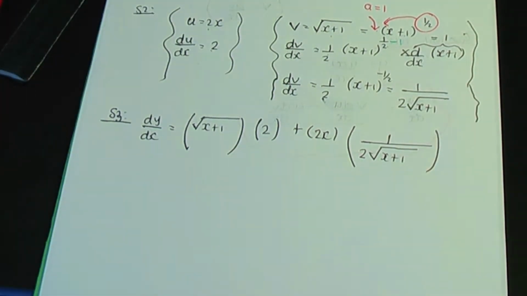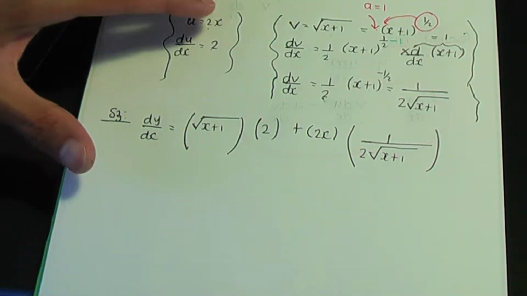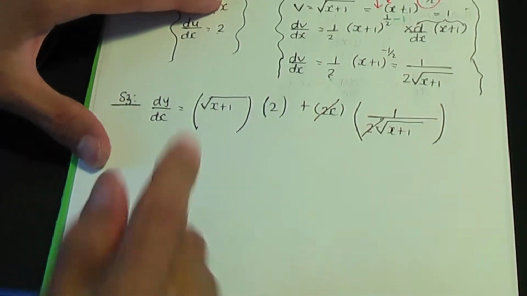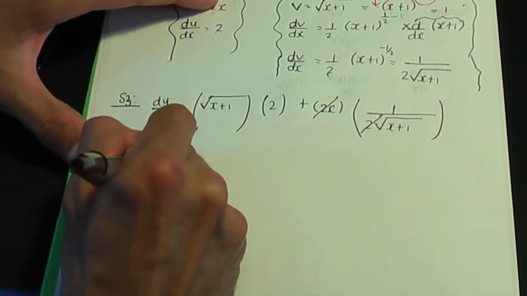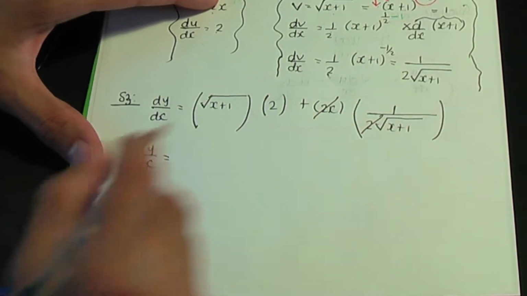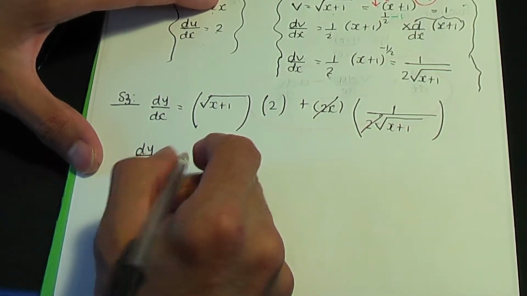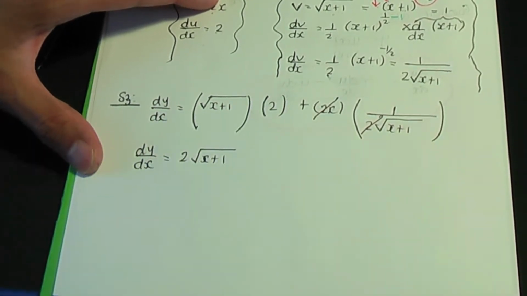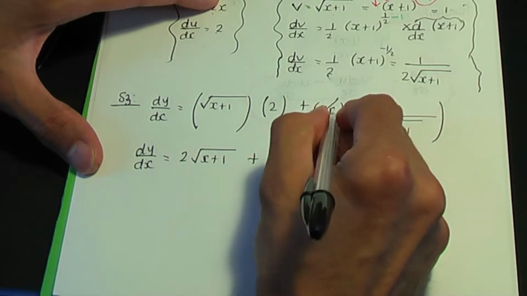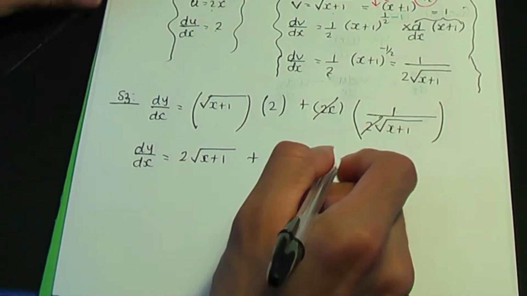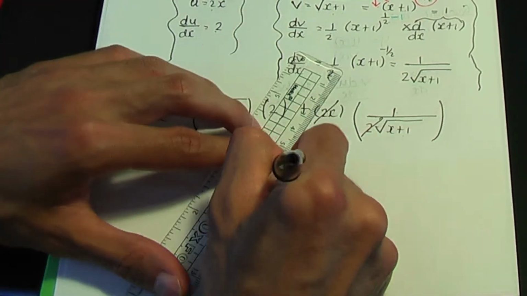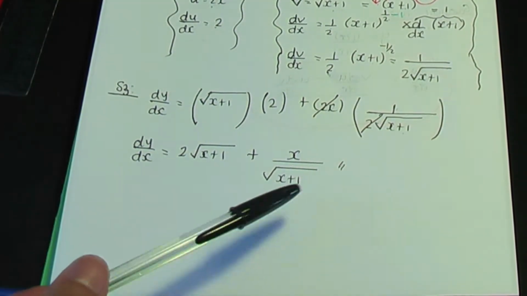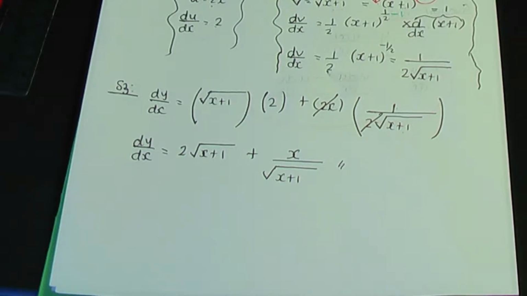Let's expand. This 2 and this 2 will cancel. So dy by dx, when we simplify, will be 2 times the root of x plus 1, plus x times 1, which is x over the root of x plus 1. That's going to be the solution to part A.